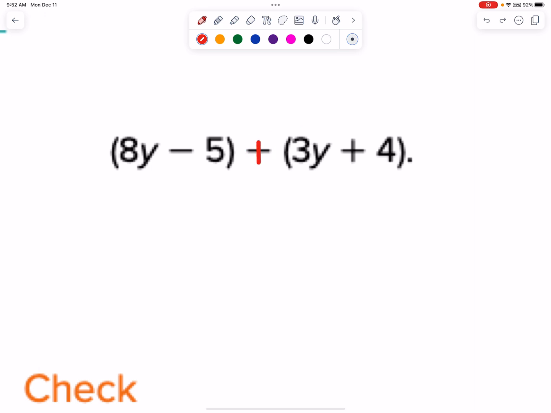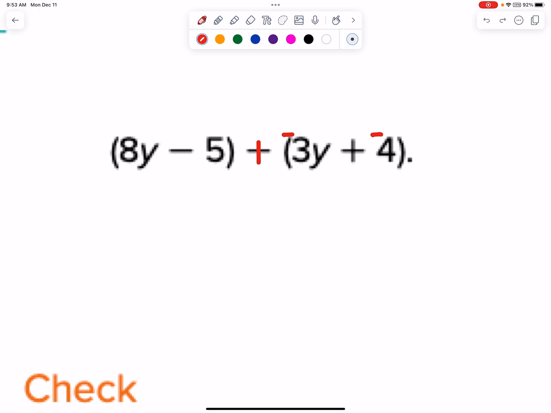We're going to add the opposite, and so we just created the additive inverse. Instead of a +3y and a +4, we have a -3y and a -4. So that's step one: do the KFC, but because of the parentheses, you have to expand it to both of those when you do that.